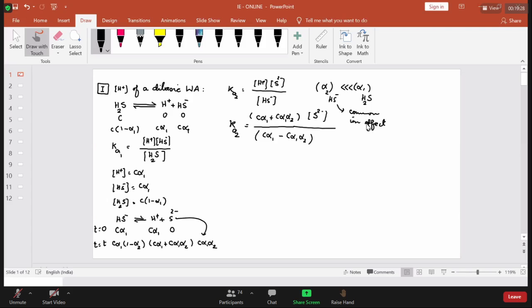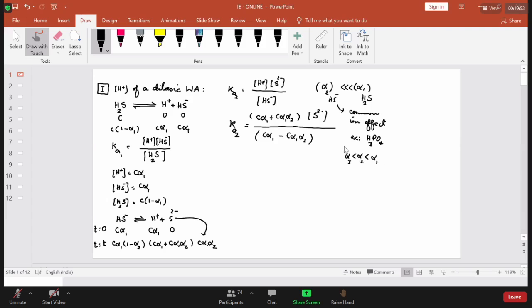In all dibasic and tribasic acids, second stage dissociation is always less. For example, in phosphoric acid, alpha 3 is very much less than alpha 2, which is very much less than alpha 1.